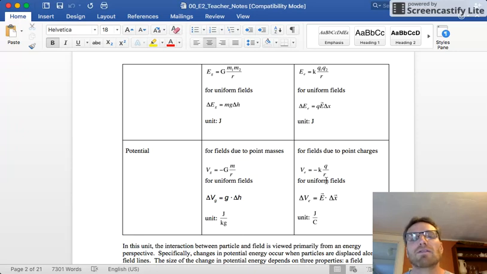And then also, if we think of this central charge as being negative, so I have a large negative central charge, that means my potential near the central charge would be a large positive, suggesting a high amount of energy per charge close to the negative central charge.